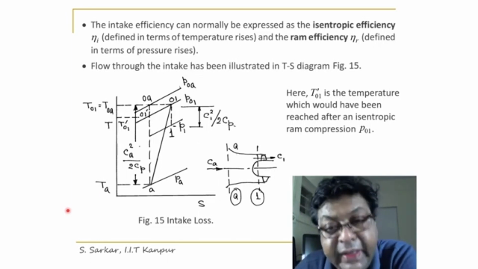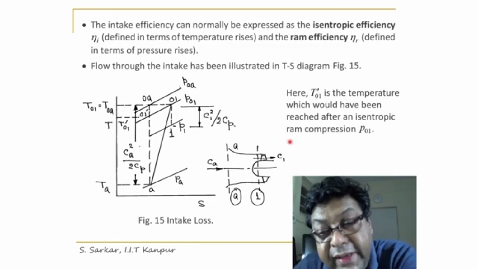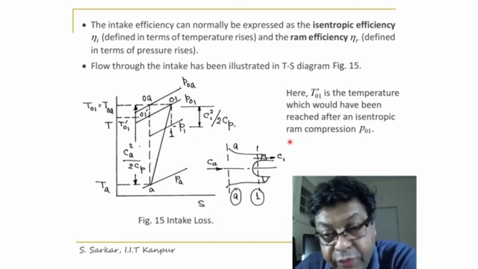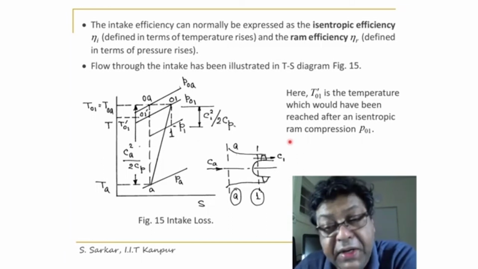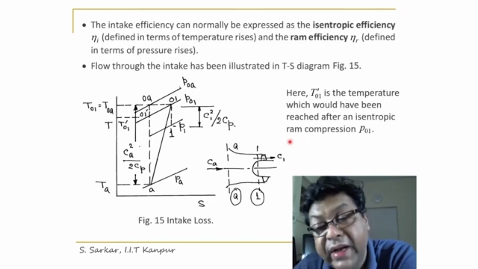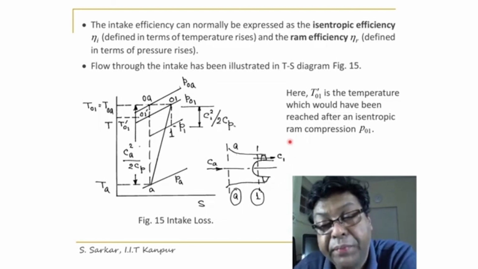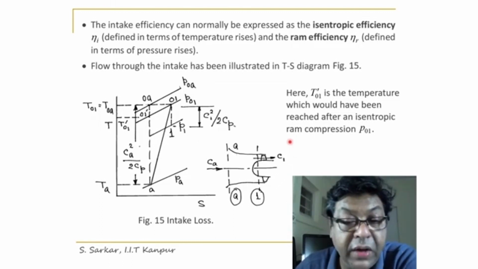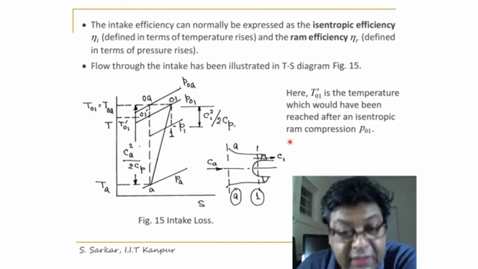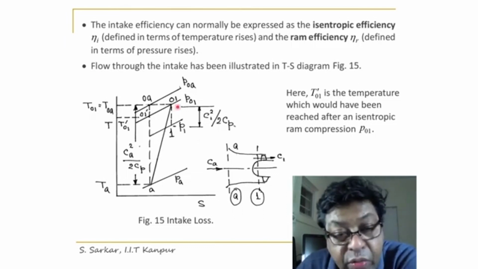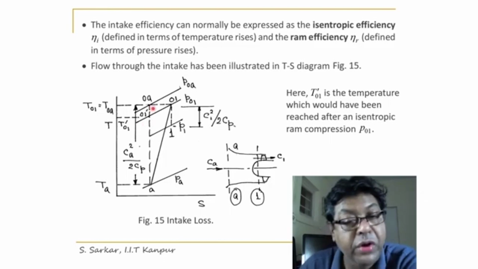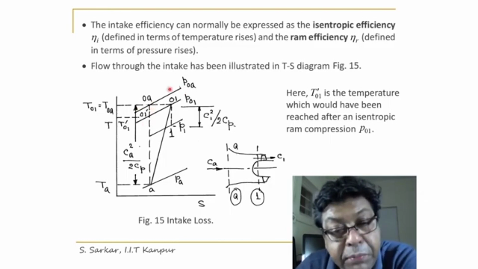Thus, I can say here that T01 dash is the temperature which would have been reached after an isentropic ram compression to P01. Thus, if I equate T01 is equal to T0A, I can identify the state point 0A and thus P0A.